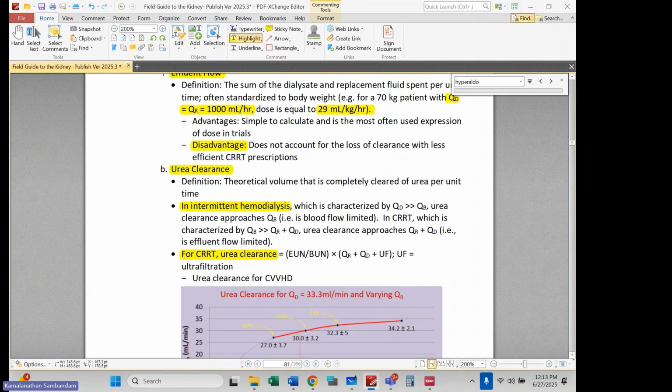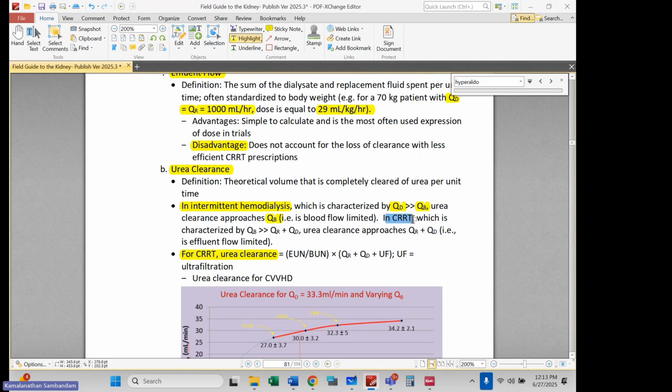Again, to compare what's happening with intermittent dialysis, I already made this point. In intermittent dialysis, you're running very high, relatively speaking, dialysate flow rates. You're running around 800 milliliters per minute of dialysate flow rate, and your blood flow rate is slower, 350 to 400, okay? In that scenario, blood flow rate is your primary determinant of urea clearance.